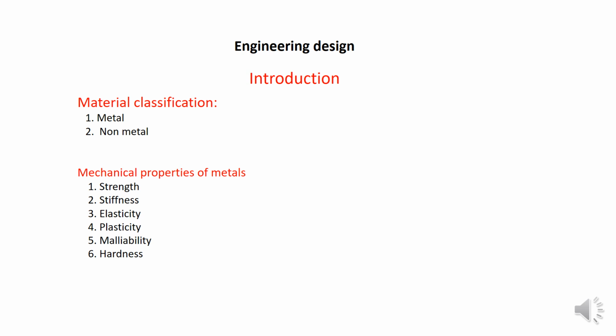Here the iron is the major element. Whereas the non-ferrous metals are those which have a metal other than iron as their major constituent, such as copper, aluminum, brass, tin, zinc, etc.